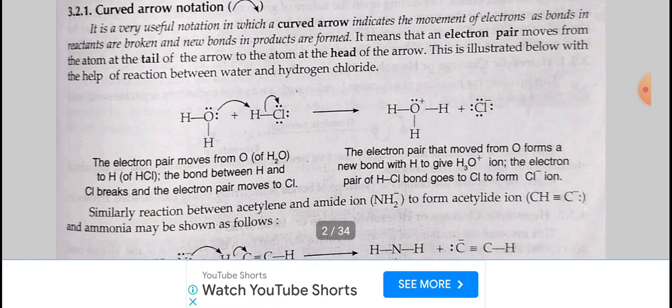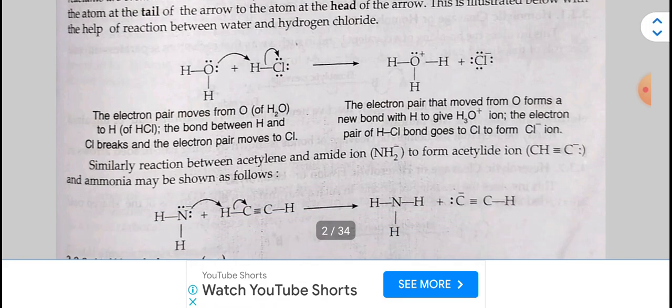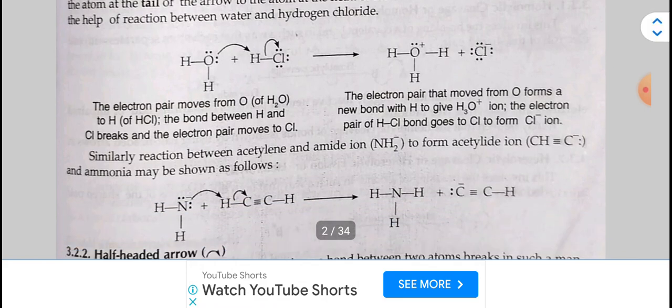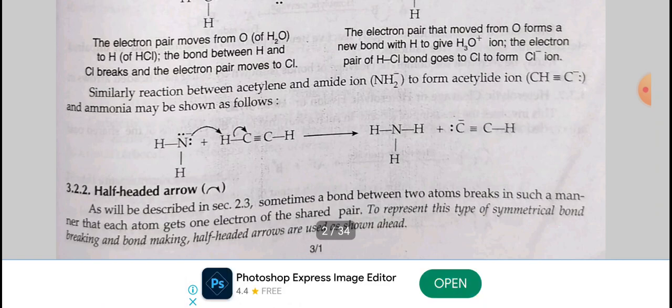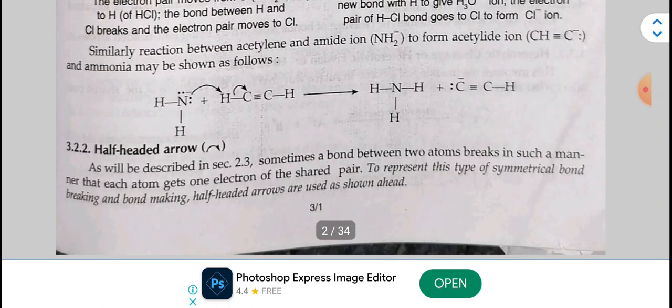The bond between hydrogen and chlorine breaks and the electron pair moves to chlorine. The electron pair that moved from oxygen forms a new bond with hydrogen to give the hydronium ion. The electron pair of the HCl bond goes to Cl to form the Cl negative ion. Similarly, the reaction between acetylene and amide ion to form acetylide ion and ammonia may be shown as follows.